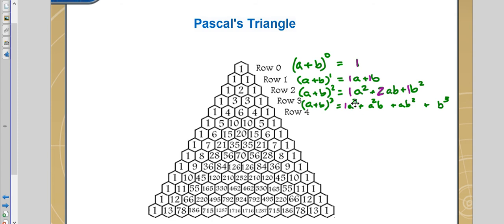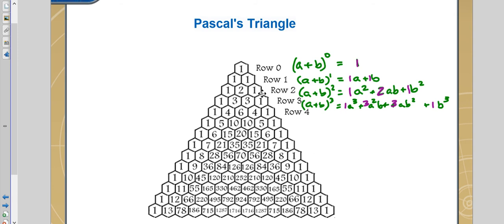That's how your powers work. The a's descend by 1, the b's increase by 1 all the way across, and then we could fit in our coefficients. It would be 1, 3, 3, and 1. Let me put my plus there to make it easier to see. And that's how it would multiply all the way through.